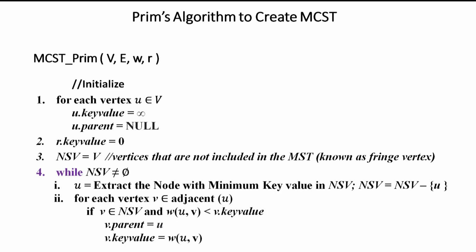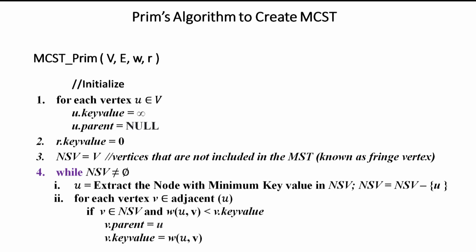For each vertex V which is adjacent to that node u, if V belongs to NSV and the weight from u to V is less than the weight of V, then we modify the weight.